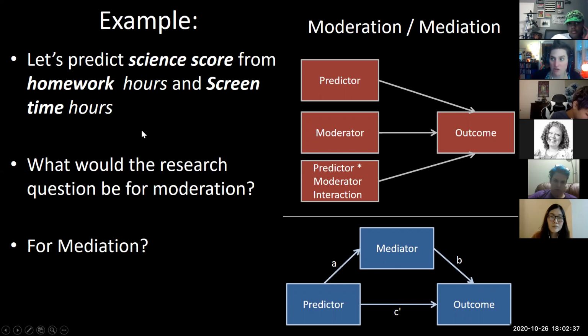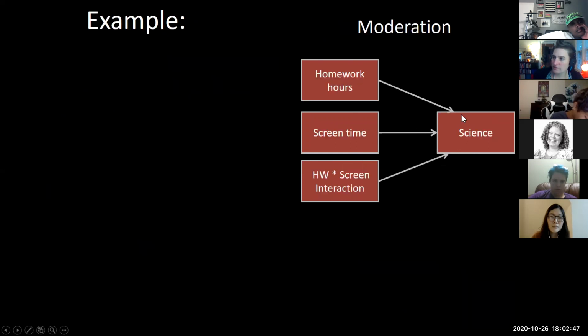writing a question yourself. So here I have compared the moderation model to the mediation model with the concepts of science score, screen time, and hours of homework. The moderation research question here is, does the amount of screen time moderate the relation between homework hours and science achievement?